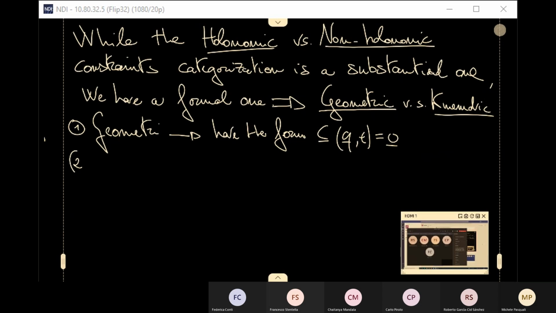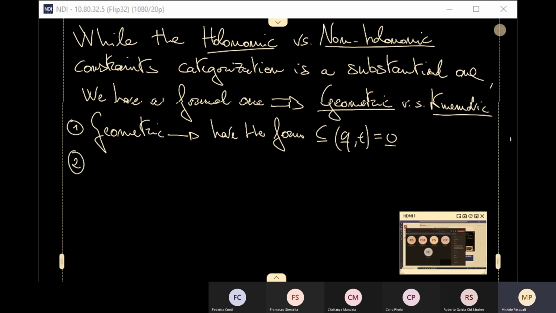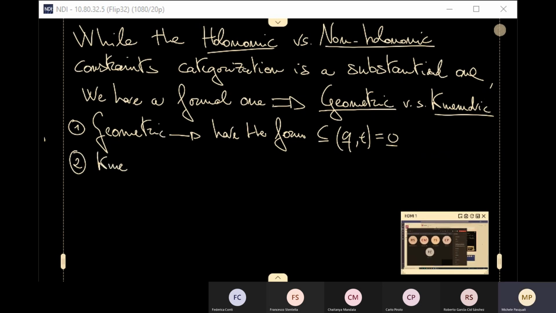And kinematic constraints, they have the form, typically, well, you can write it like, let's keep it as we did.